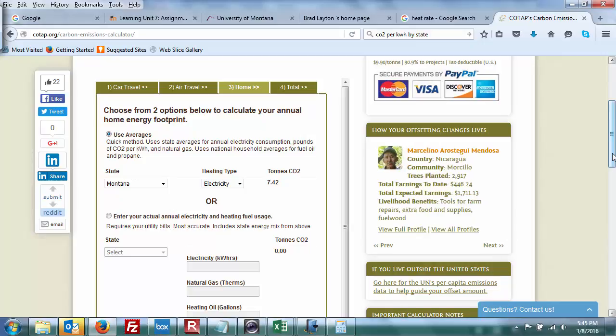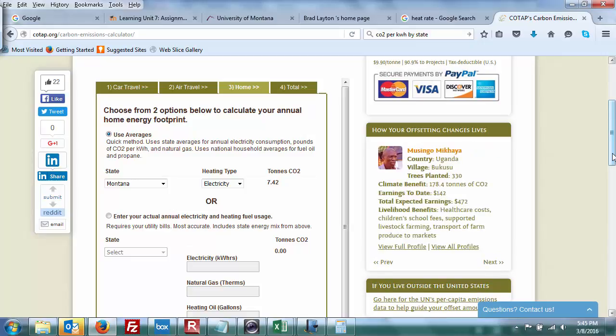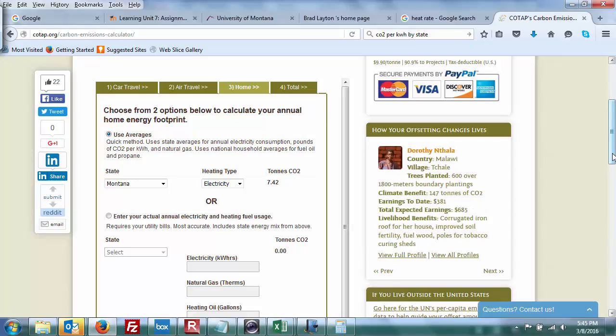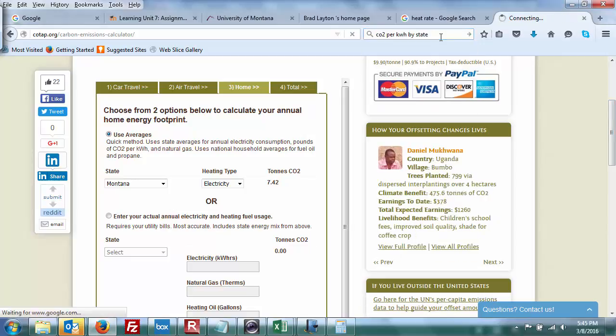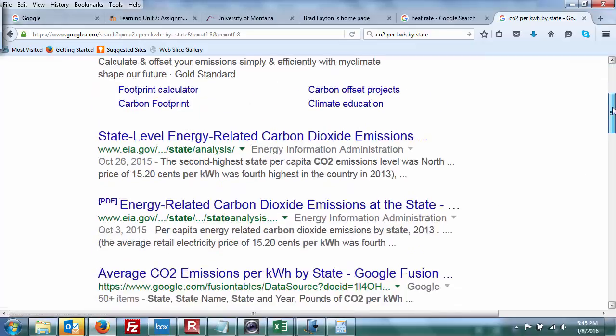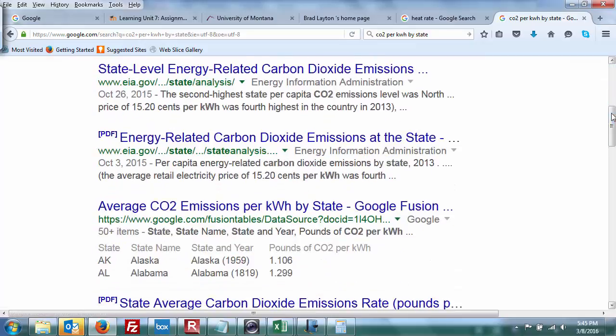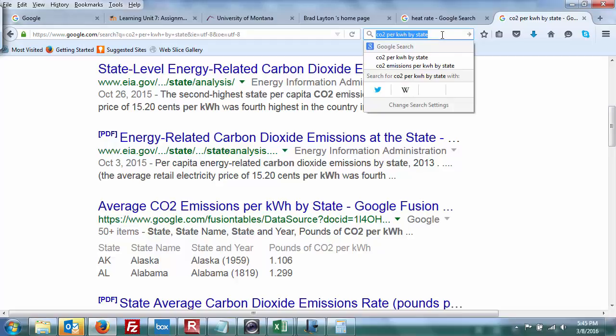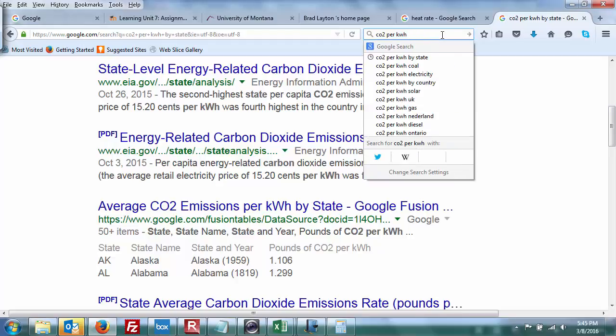I'm not going to pump out 7.2 tons. That doesn't make sense. Let's go somewhere else. Let's not do the state thing. It's too complicated.